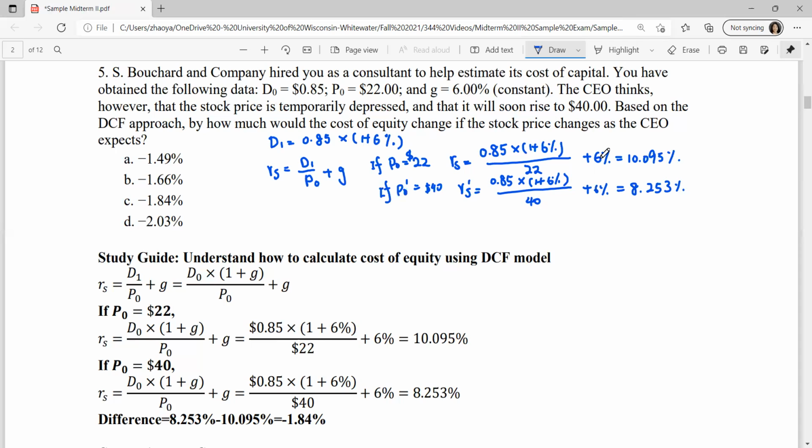So the difference between those two, that is the change of cost of equity, equals 8.253, the cost of equity after the change, minus the cost of equity before the change. So it's negative 1.84%. So the correct answer is C here.